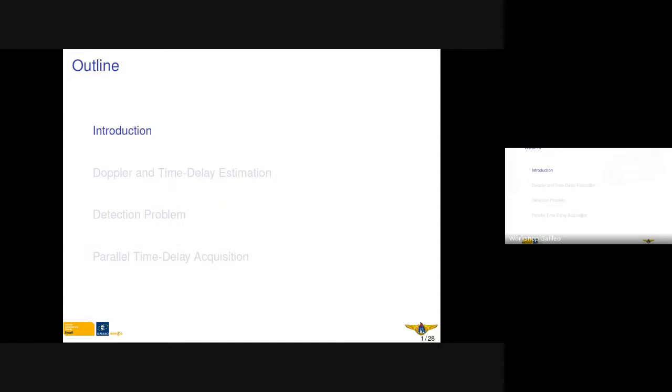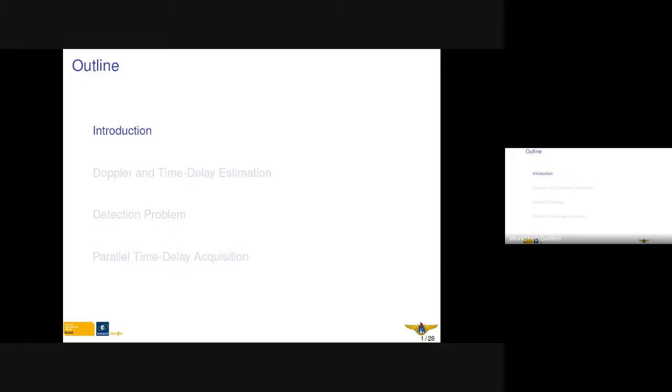Then about a detection problem, because we need to detect and we need to estimate. So it's a joint estimation and detection problem that we will tackle with acquisition. So we will estimate coarsely Doppler and time delay and detect whether a signal of a satellite is present or not. Because when we start navigating, we don't know which satellites we receive.